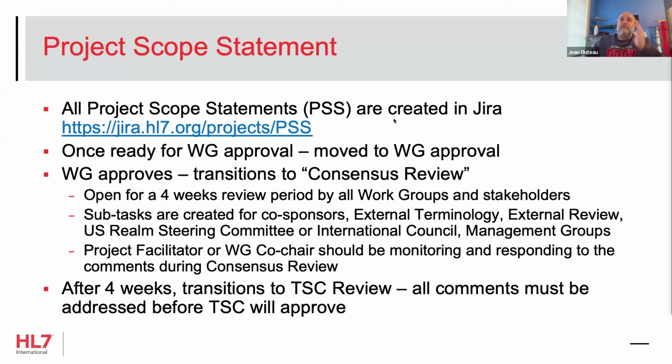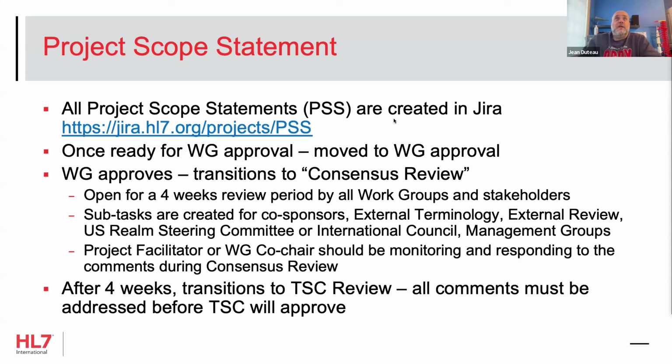After 4 weeks and all of the comments have been addressed and everyone's voted on it, then it comes up to the TSC. And the TSC is sort of that final gate check. We look at it. That's where external review happens, at the TSC. There might be some concerns around trademarks, or IP, copyright, things like that, and the TSC is looking at that.